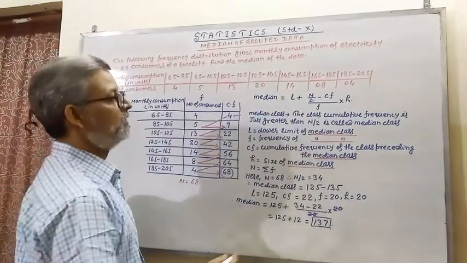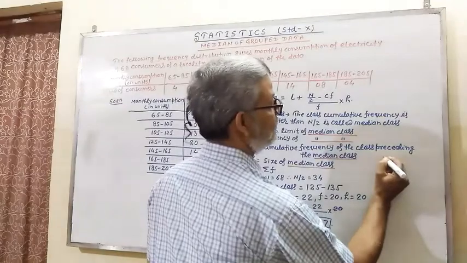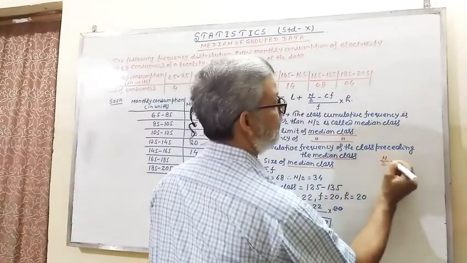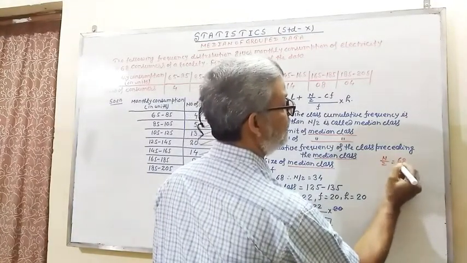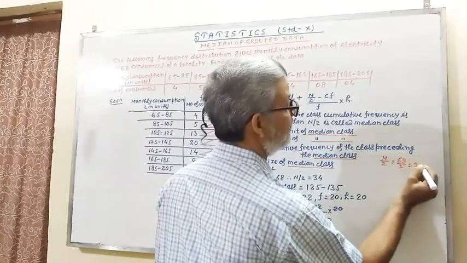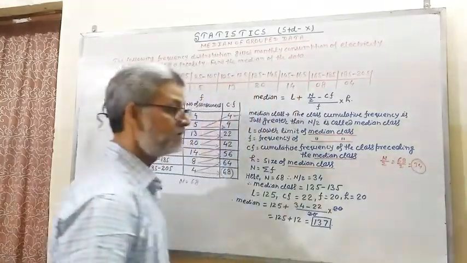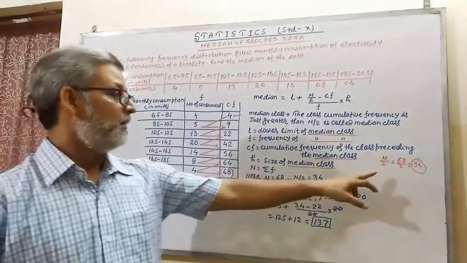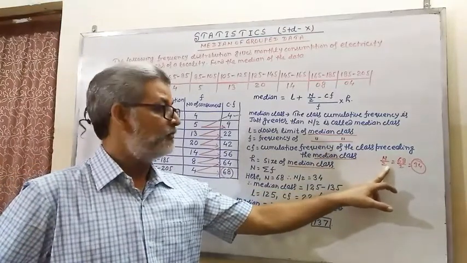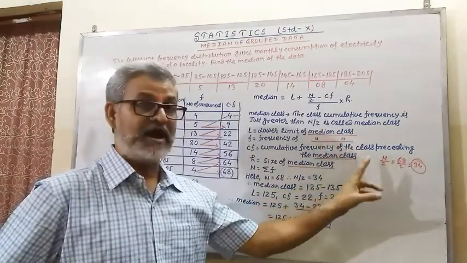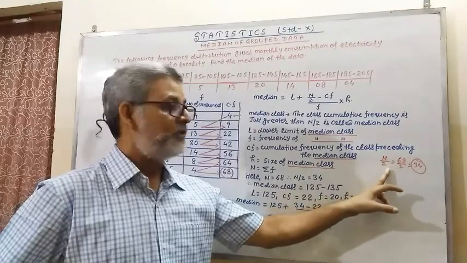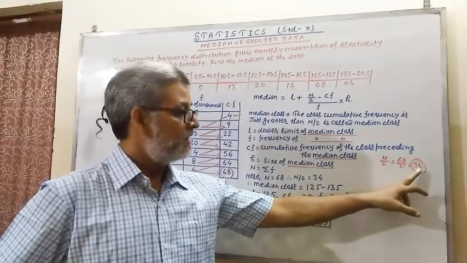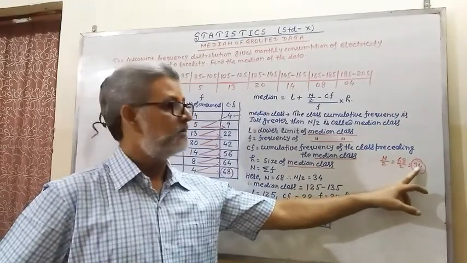Here n is 68, so n by 2 is equal to 68 by 2, that is 34. First you find n by 2. Here n by 2 is 34.